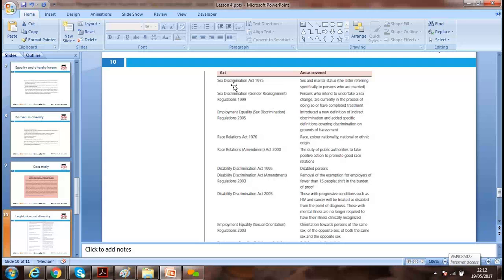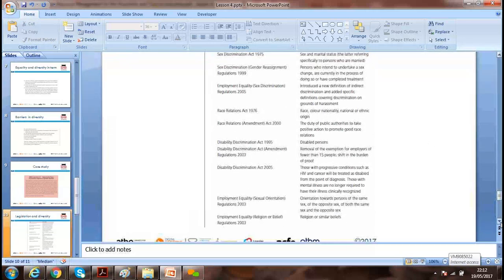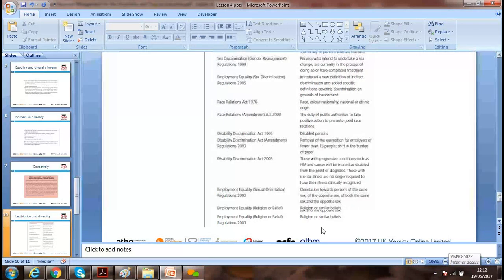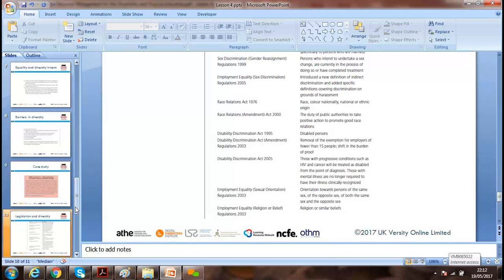The Race Relations Act 1976 was updated in 2000. Disability Discrimination Act: we can't discriminate against somebody by saying, sorry, you're disabled, you can't work in our organization. We need to make certain arrangements. Employment equality in terms of different groups. We need to look at those as well. All this legislation we need to follow.